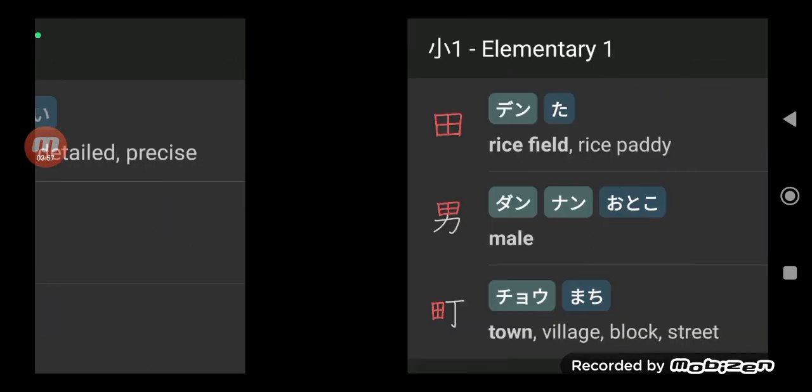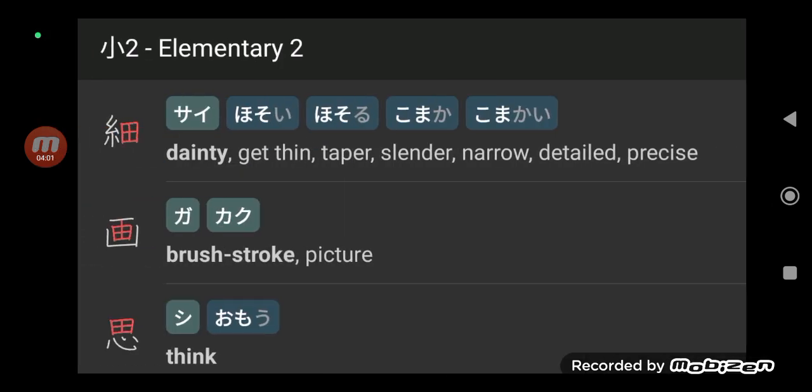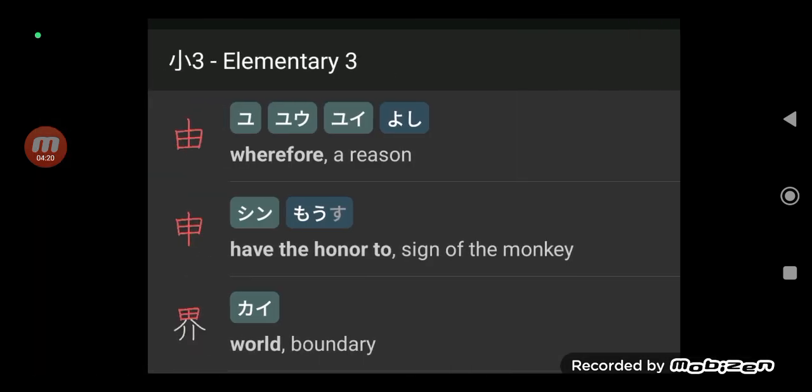So you may screenshot this, minasan, so that you will have a glimpse of other kanji to be discussed in the future. These are just synopses, or very short summaries, of kanji readings and a quick look at meanings.